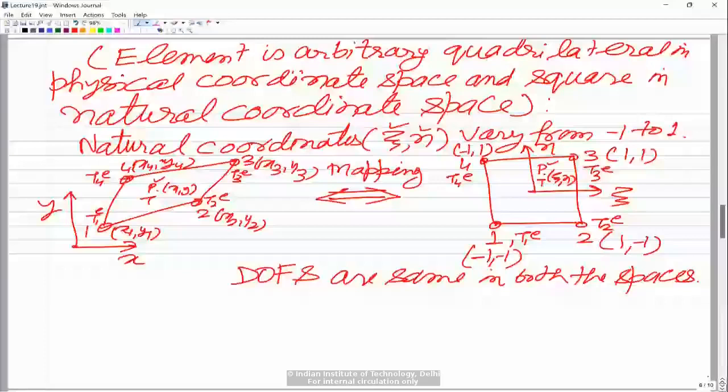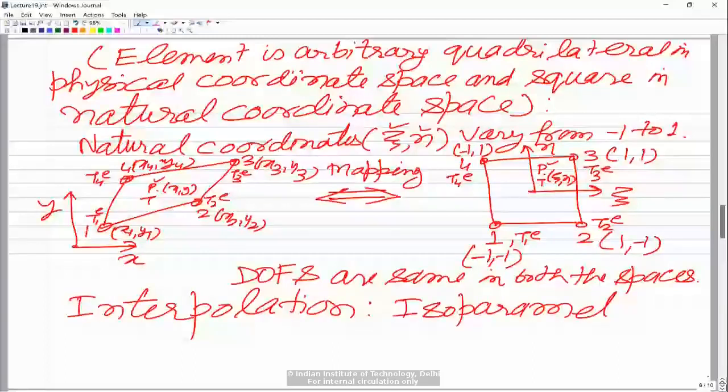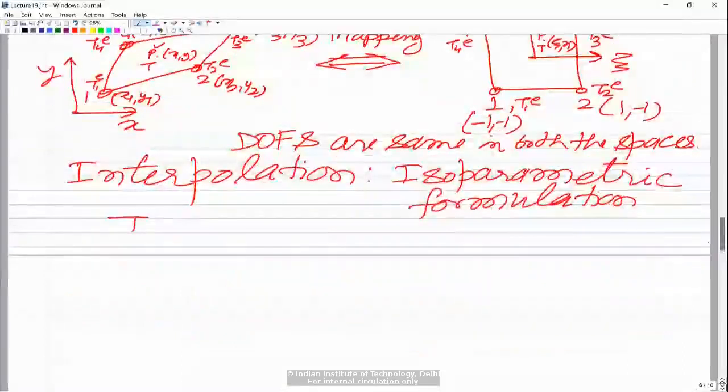Now, in the interpolation I am also going to introduce another concept called isoparametric formulation. Another terminology is coming, and I will explain this when I discuss the temperature approximation. Let us say T. When we say interpolation, we are assuming an approximate solution, here in terms of natural coordinates xi and eta.